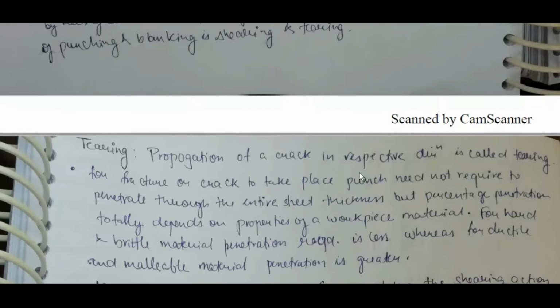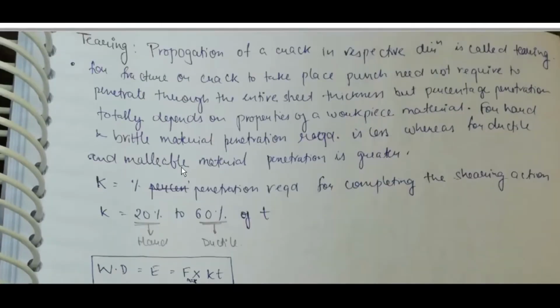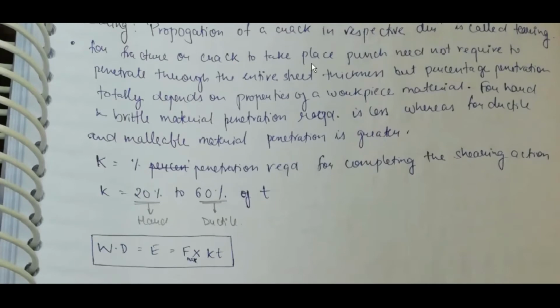Tearing: propagation of crack in the respective direction is called tearing. For fracture or crack to take place, the punch need not penetrate through the entire sheet thickness, but the percentage penetration depends on the properties of the workpiece material.